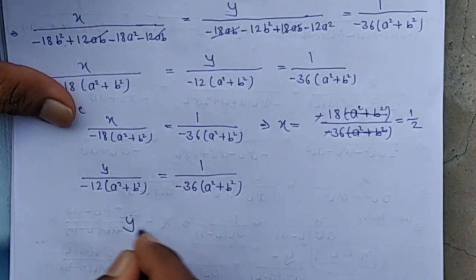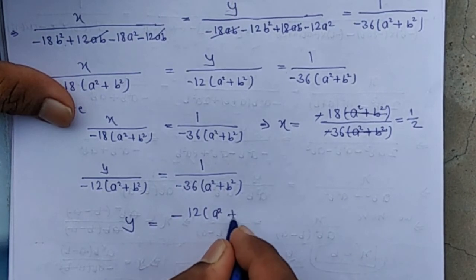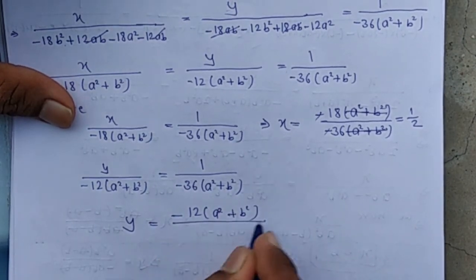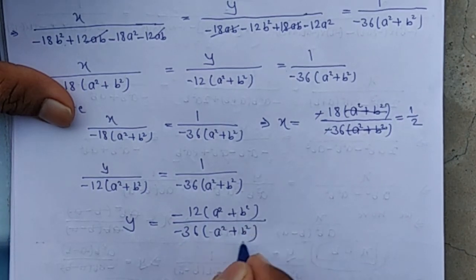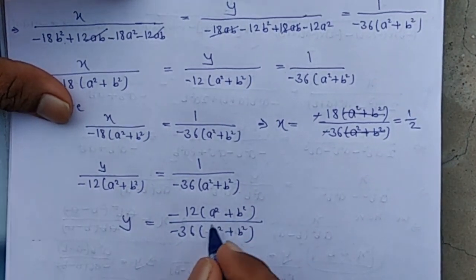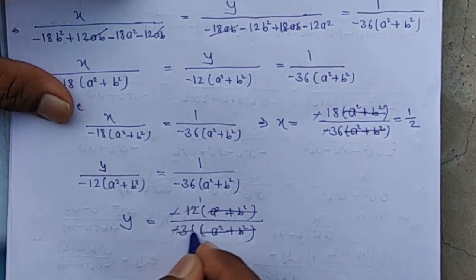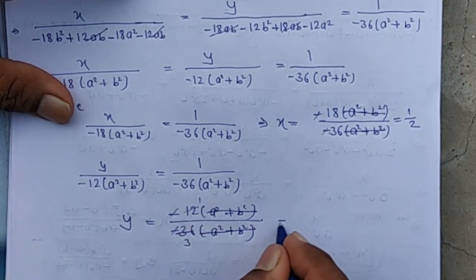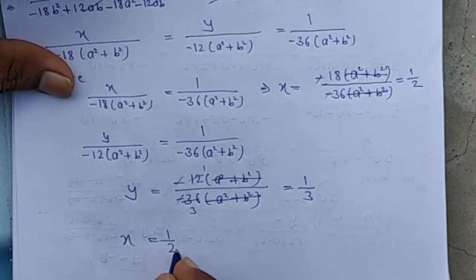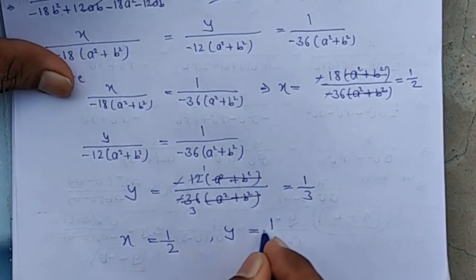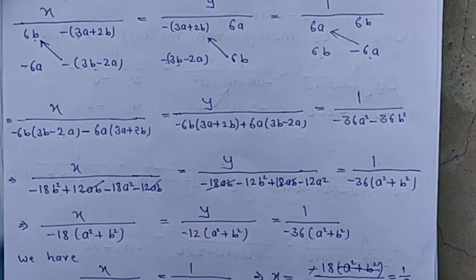Then the value of y equals minus 12 a square plus b square by 36 a square plus b square. Then this term cancels. The value of y is 1 by 3. Then x equals 1 by 2 and y equals 1 by 3 is the answer of these linear equations.